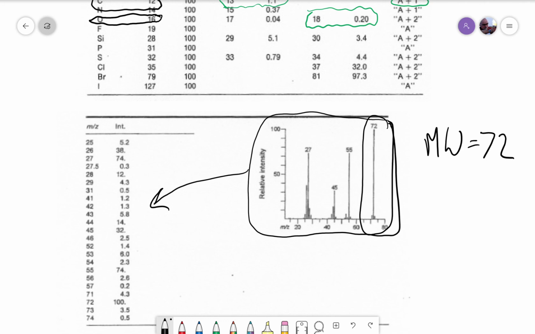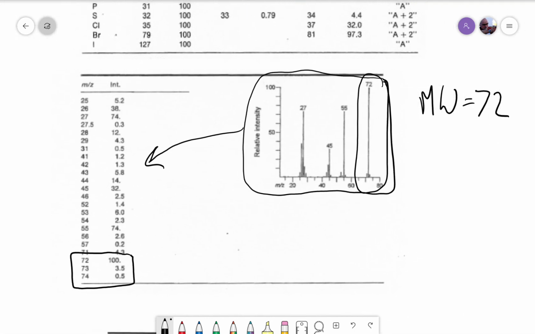So its mass of all of the most naturally occurring isotopes will be 72. If we look at its molecular ion region, we see isotopes of A+1 at 3.5% and A+2 at 0.5%.